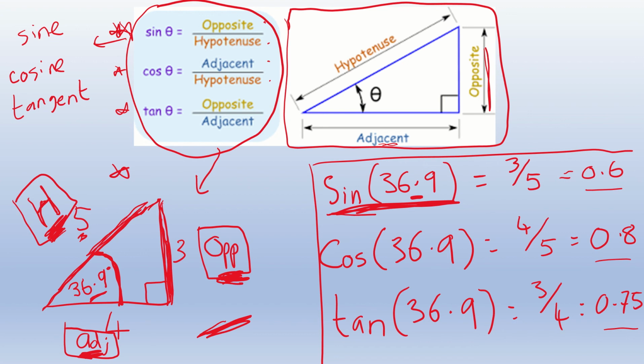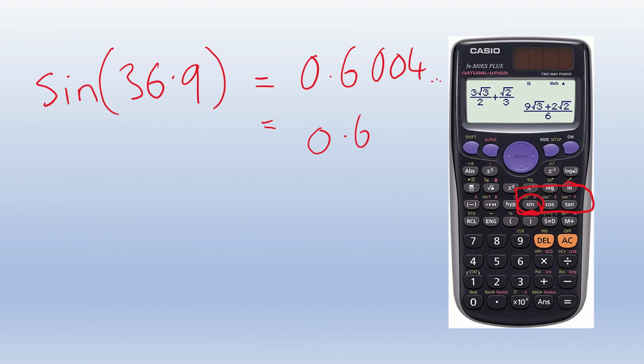In exam questions, you'll be given exact amounts. You'll be told whether to put it to 2 decimal places or 3 decimal places. We'll have a look at that in a couple of minutes. My main point here was just showing you where the buttons on the calculator were.